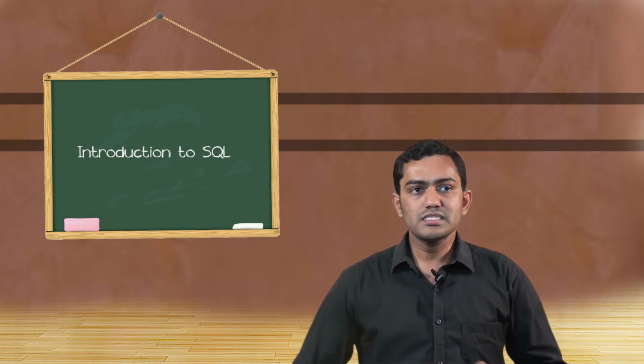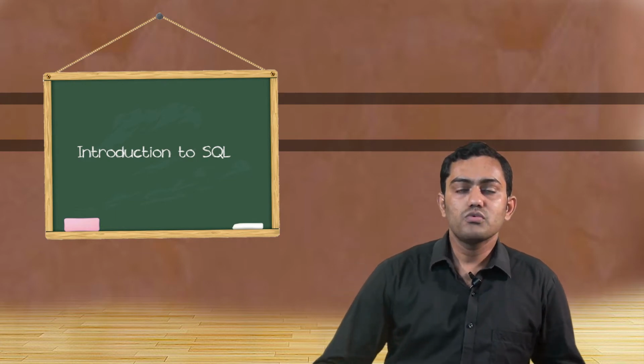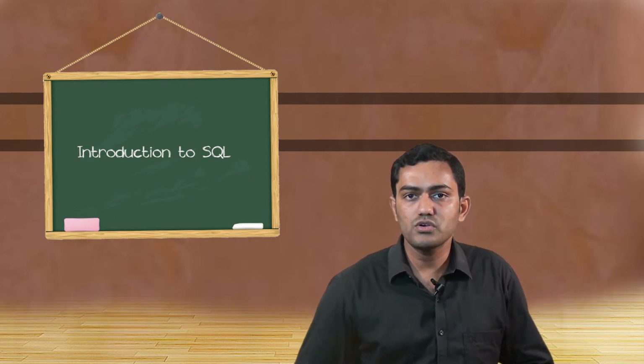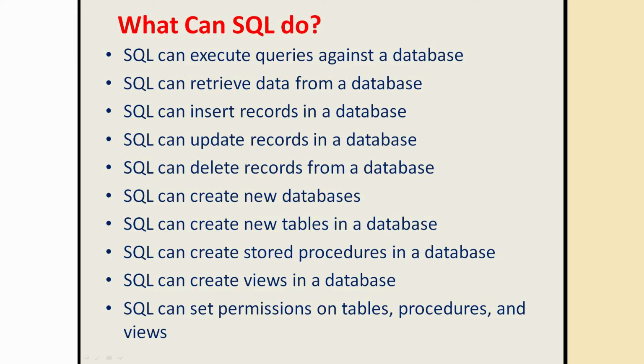In the next slide, if you observe, let's see what we can do with the SQL language. We can create a table, delete a table, store data into a table, retrieve data from a table, and update it. We can also set permissions on that table. Permission means that one database or one table can be accessed by a number of users.